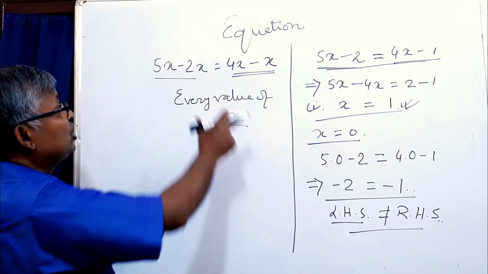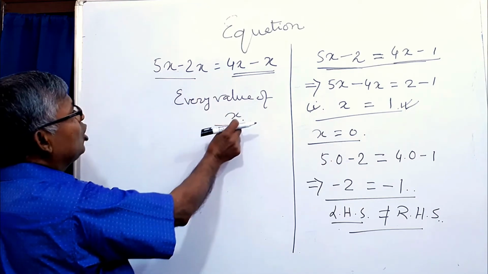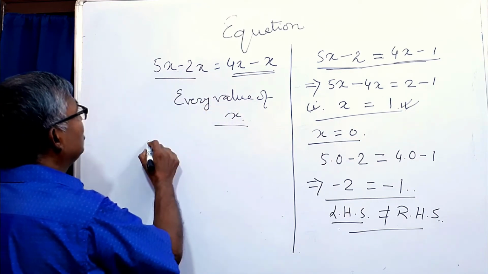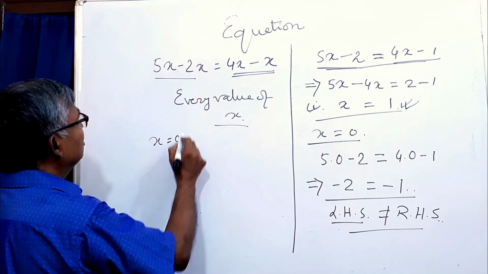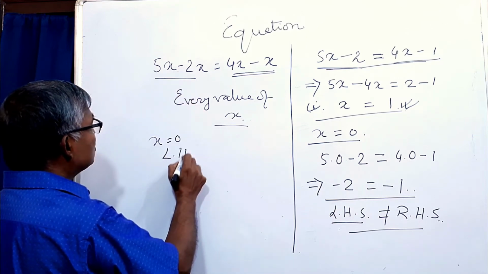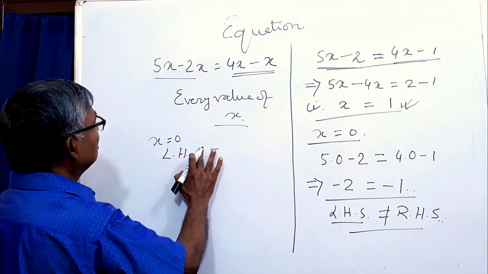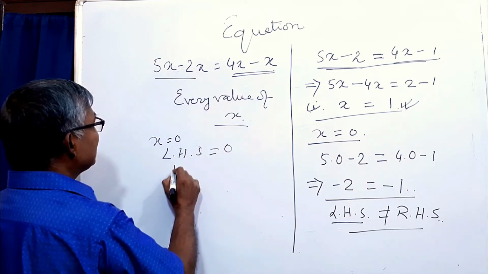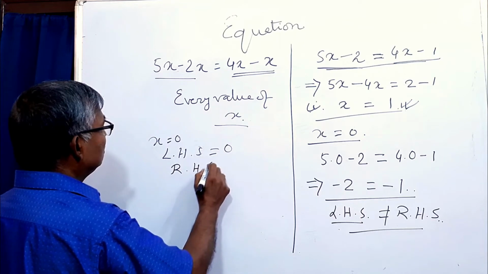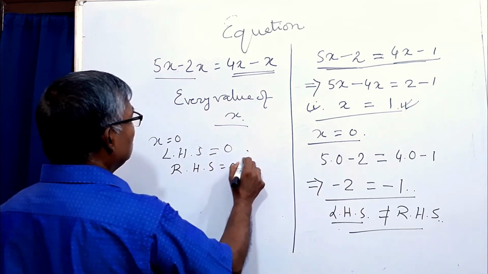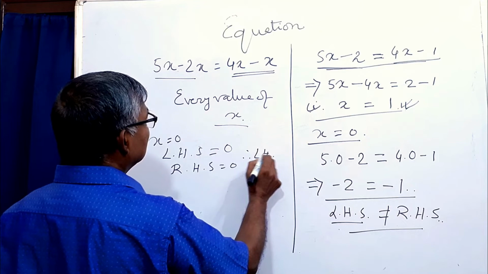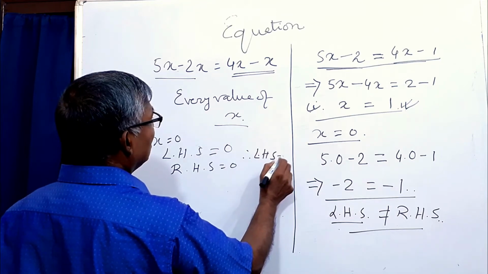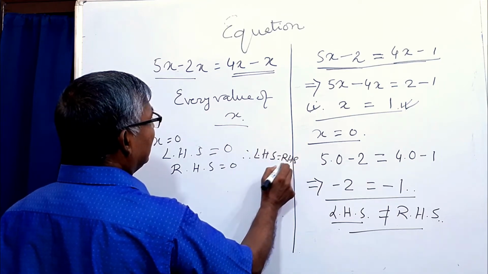But here you see every value of x. Suppose we put x equal to 0. What will you get? Left hand side equals 0, and right hand side also equals 0. So LHS equals right hand side RHS.